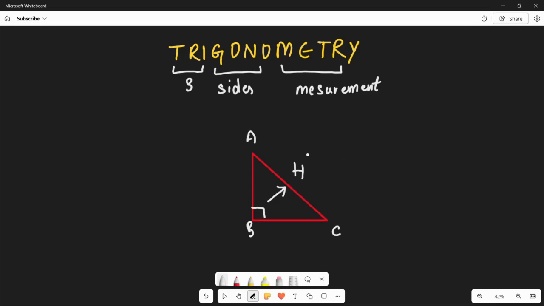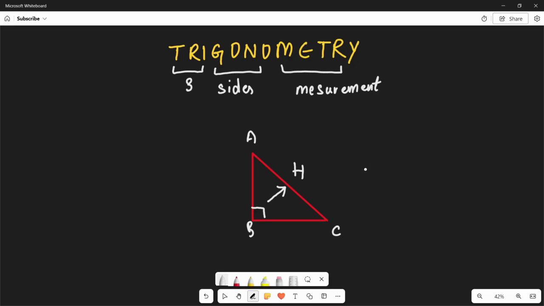Now, if I ask you, what is the perpendicular and base of this triangle? Many of you will directly say BC is the base and AB is the perpendicular. But you're mistaken here. Most of the time, this is the common mistake which students make. And what do we actually mean here?